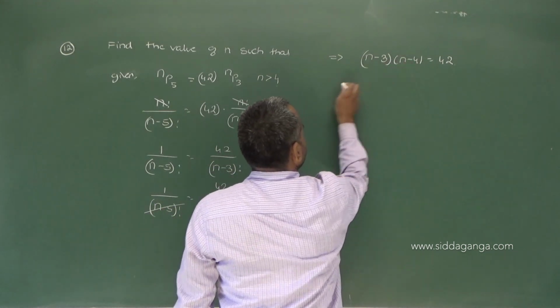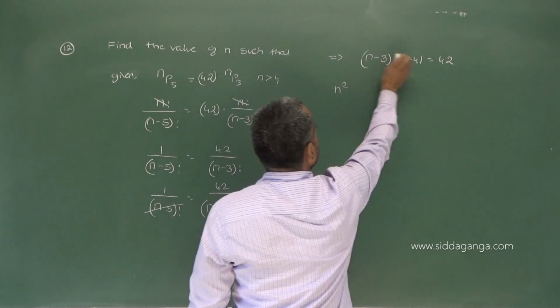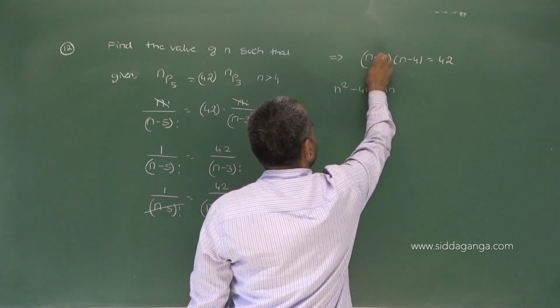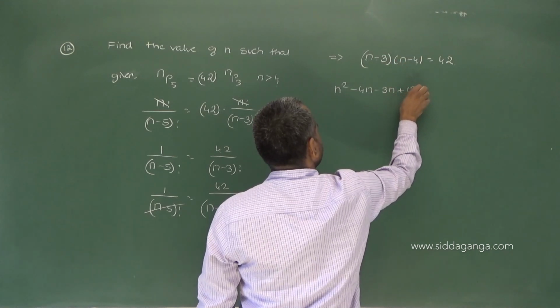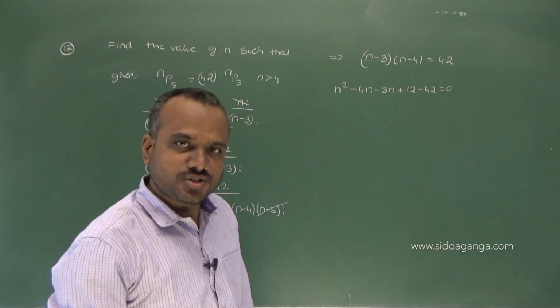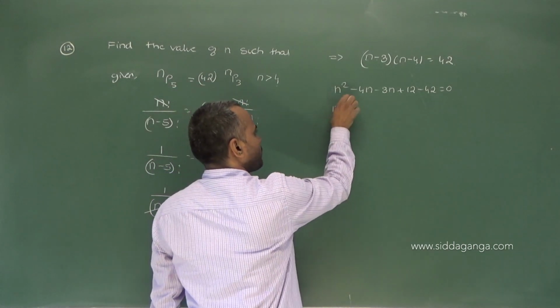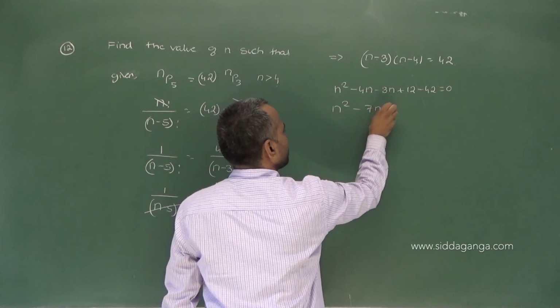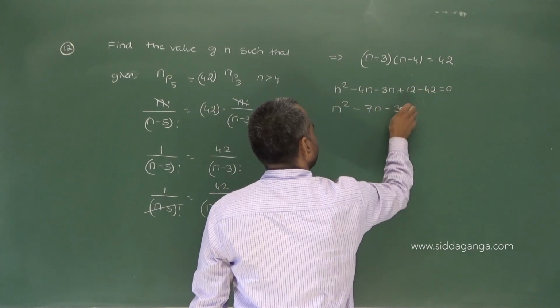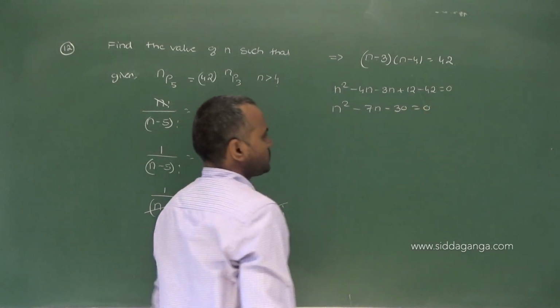By inspection method or else quadratic equation: n square minus 4n minus 3n plus 12 minus 42 is equal to 0. n square minus 7n minus 30 is equal to 0.